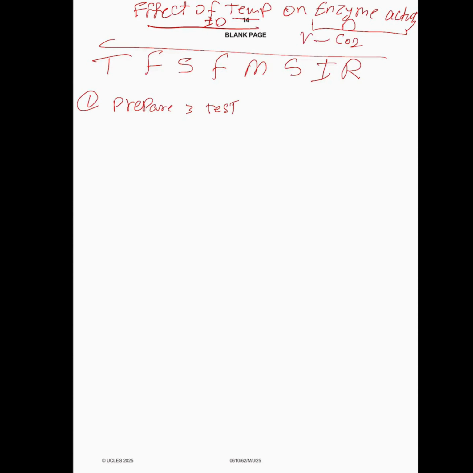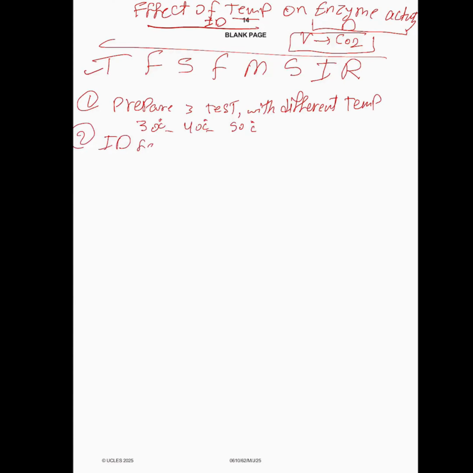So the volume of carbon dioxide produced is my dependent factor. Prepare 3 test tubes with different temperatures: 30, 40, 50 Celsius. We answered the first point.